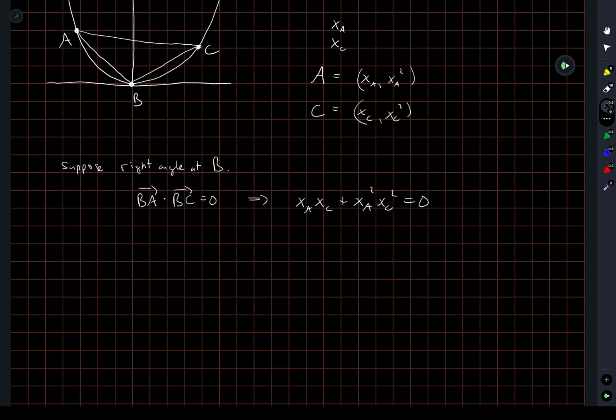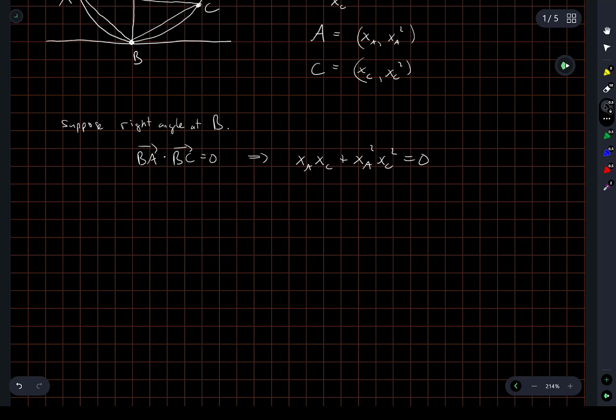We'll assume that XA and XC are themselves not equal to 0, and so I can factor out an XA times XC and cancel it from both sides. I'm assuming both of these are non-zero. And so this tells me that XA is equal to -1 divided by XC.